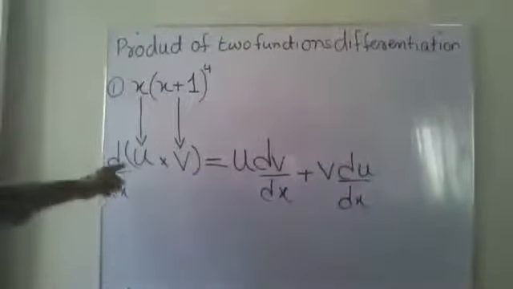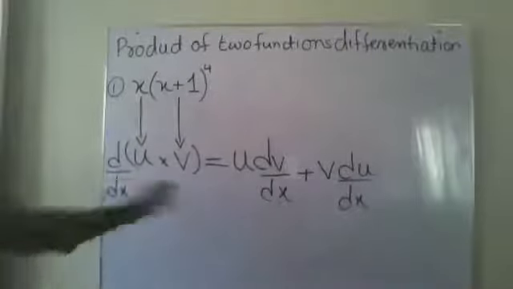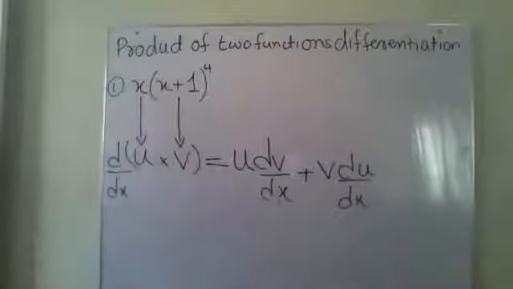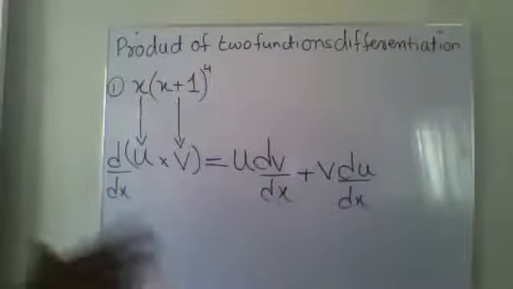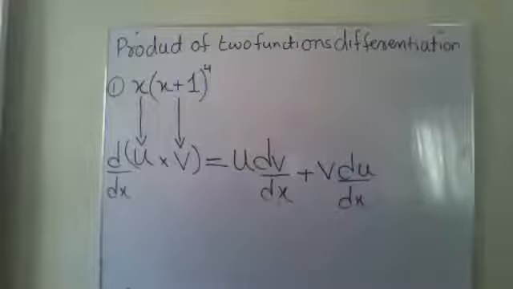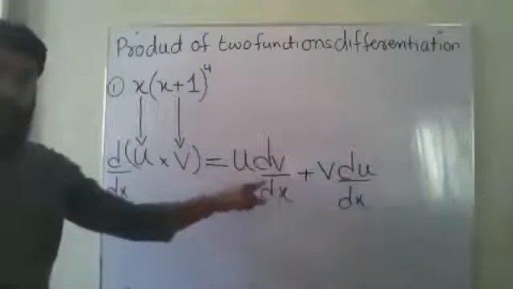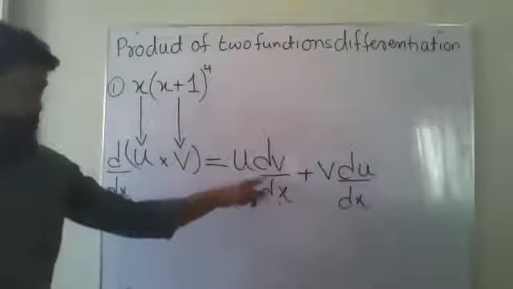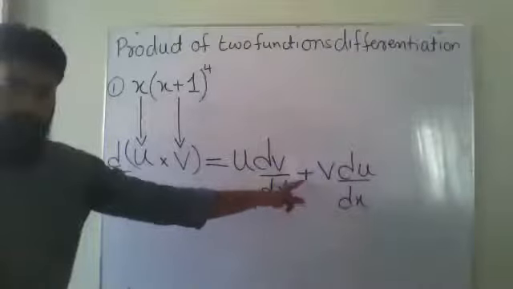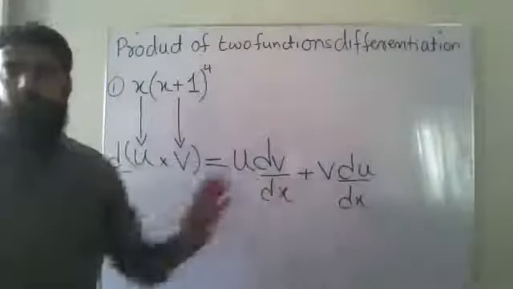See, simply what you can say, the differentiation of u into v. I'm just giving you the most basic thing. Differentiation of u into v is u multiplied by v differential plus v multiplied by u differential.